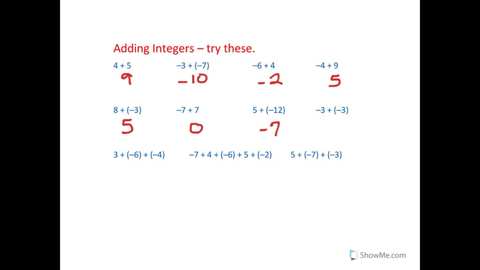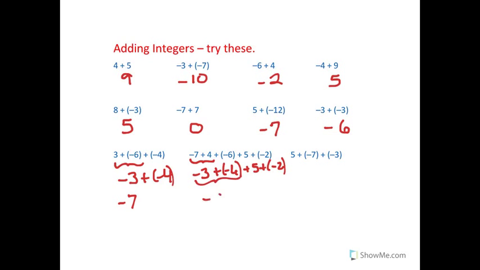And here we have negative 3 and negative 3, that's negative 6. 2 at a time. 3 plus negative 6 is a negative 3. A negative plus a negative is a negative. 2 at a time. Negative 3. Copy down what you're not ready to use.